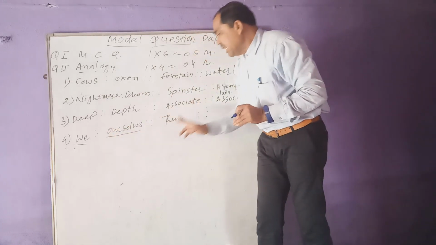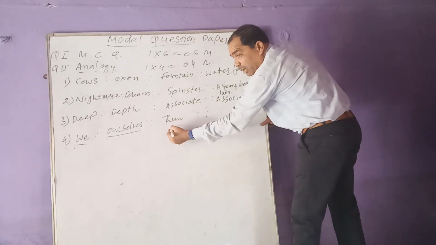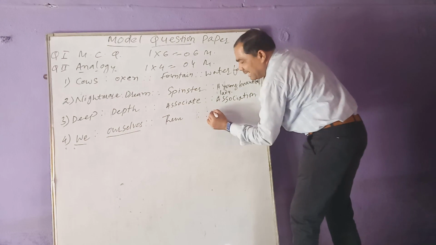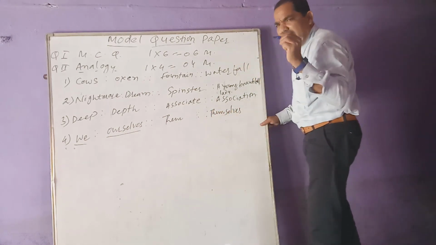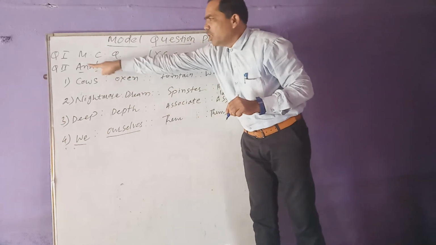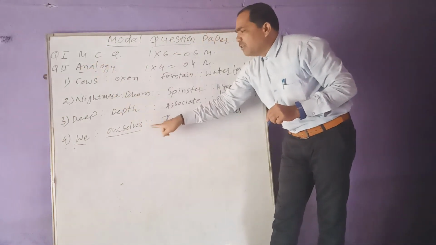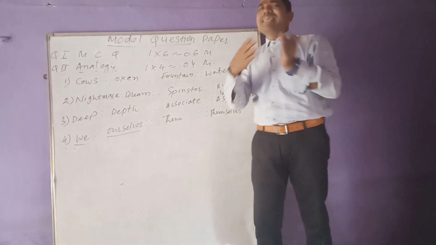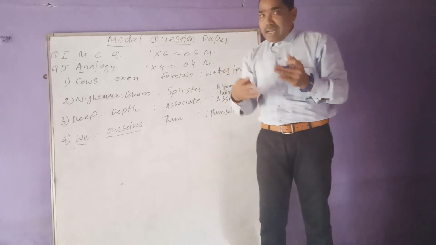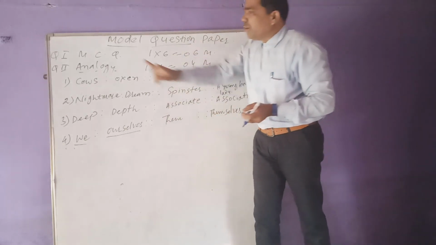In the same way, they is there, then what will be the reflexive pronoun of them? That is themselves. So it is always going to be asked as question number two in the annual exam and midterm exam, and also whenever schools conduct series exams, such types of problems are asked.